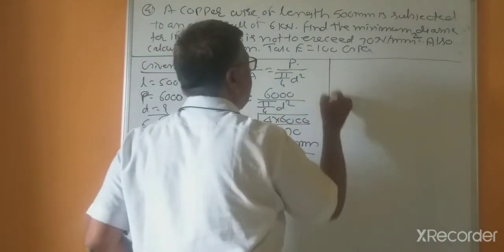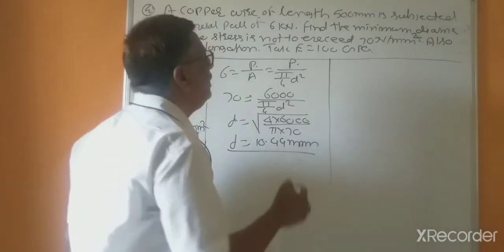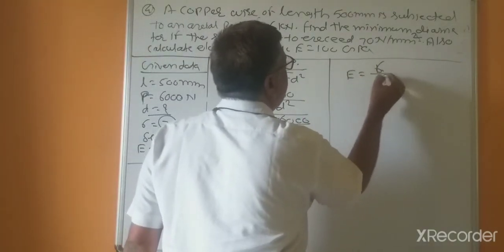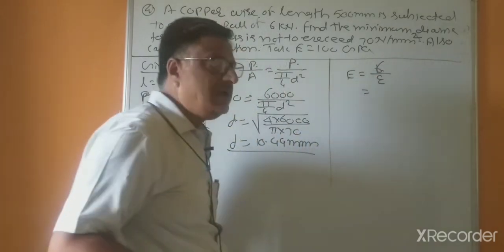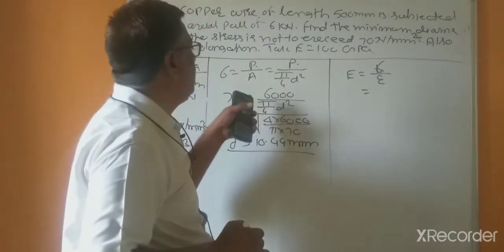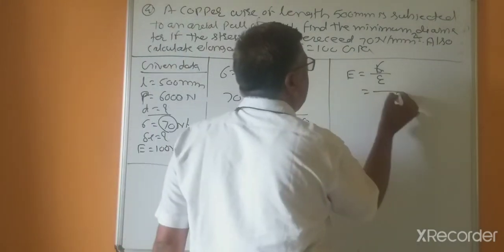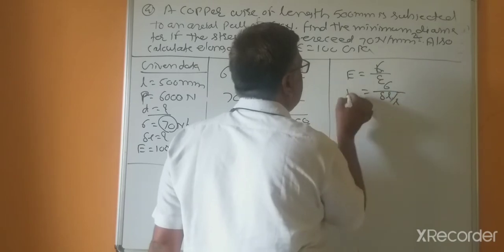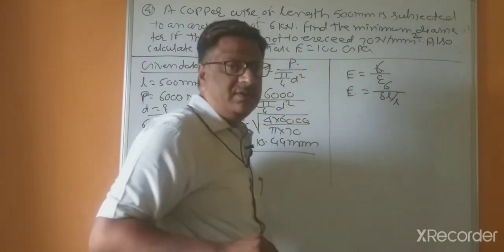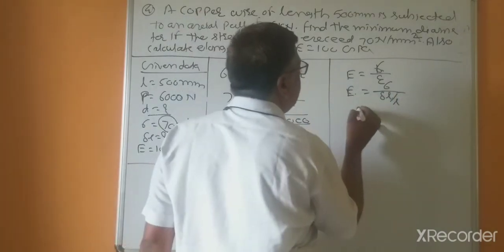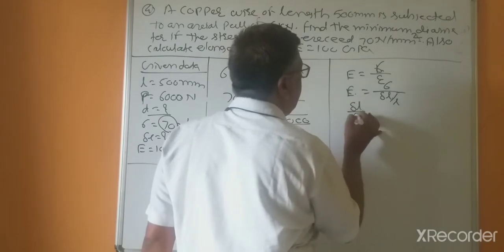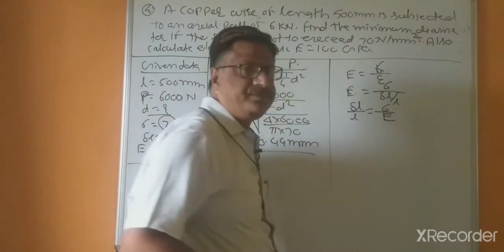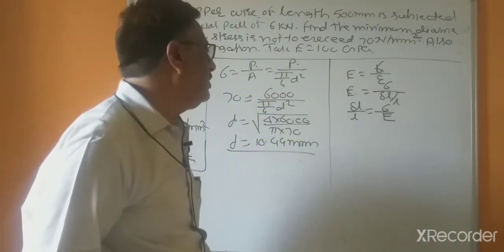So what is next? Delta L equal to, again you know E equal to stress divided by strain. So stress is already given, and strain, you can write this is delta L divided by L, equal to E. So can I write delta L divided by L, and this is E, right?